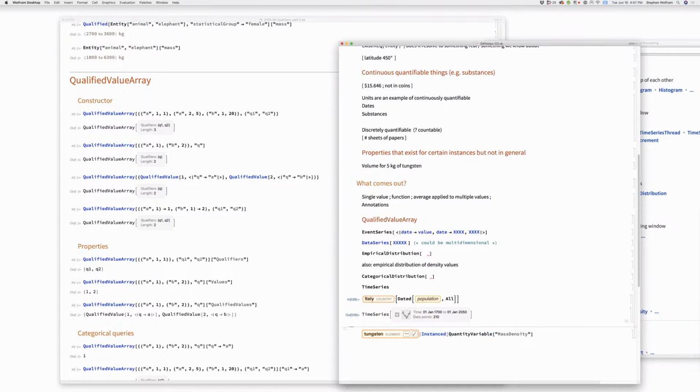Okay, whatever. Let's say I write density here, and then I say all here. What I would want to get out of that is a data series with all of its qualifiers: pressure, temperature, isotopic, whatever it is. The whole story of this, if that makes sense.